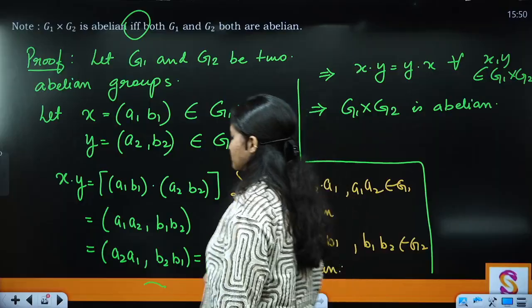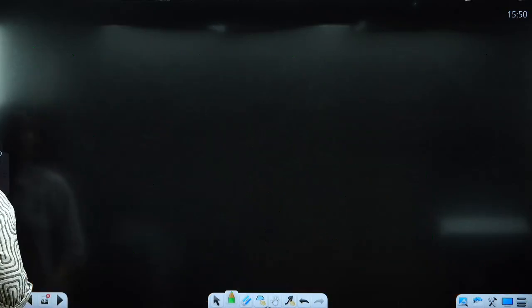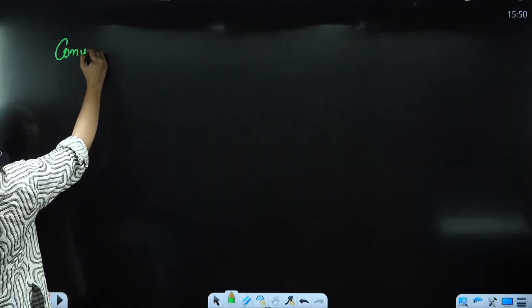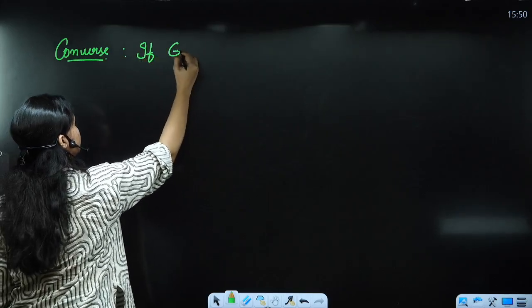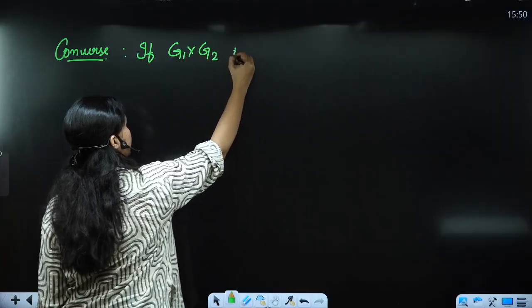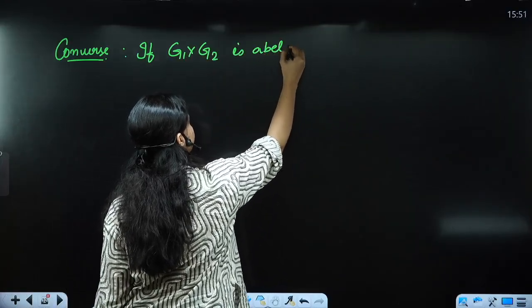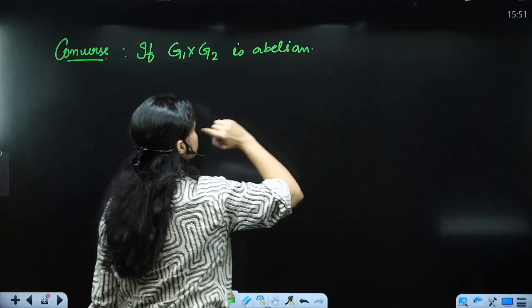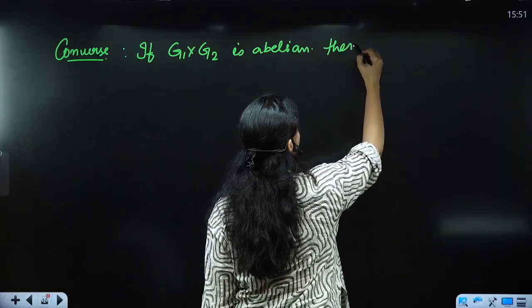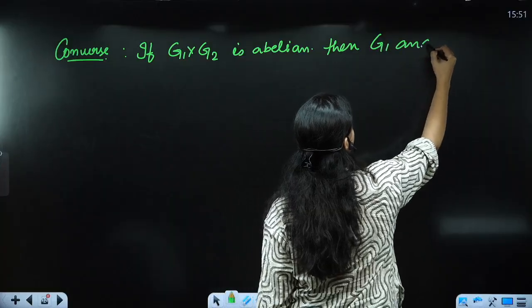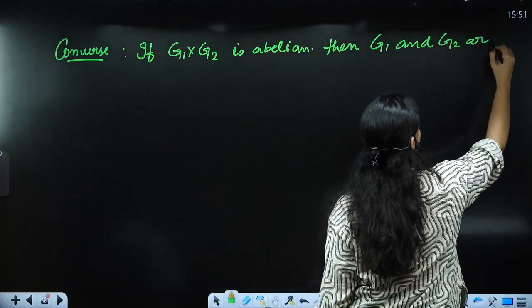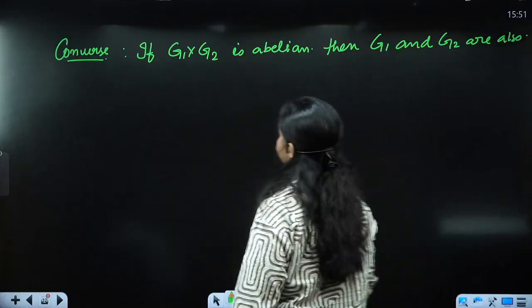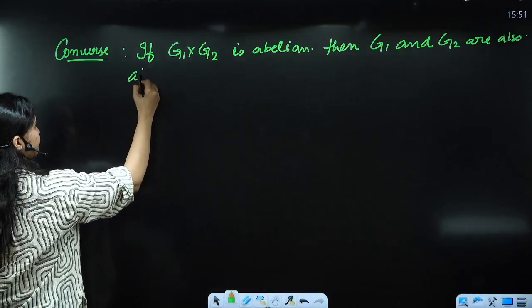Now let's take the inverse for it, sorry, converse for it. So the converse will be that if G1 cross G2 is abelian, then G1 and G2 are also abelian, right?